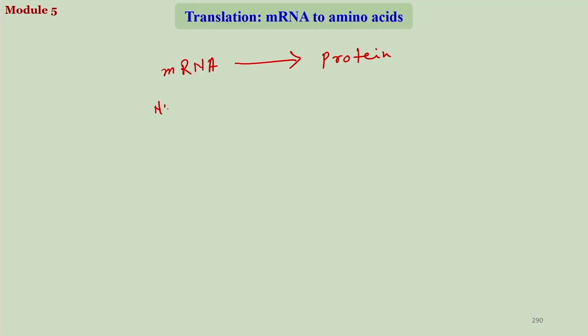So, mRNA or RNA in general is a nucleic acid, we know. It falls under the category of nucleic acids, which is composed of nucleotides. On the other hand, protein is composed of amino acids, and it contains peptide bonds.